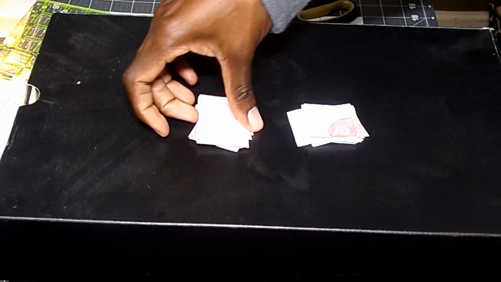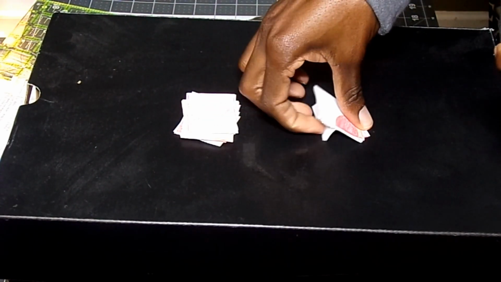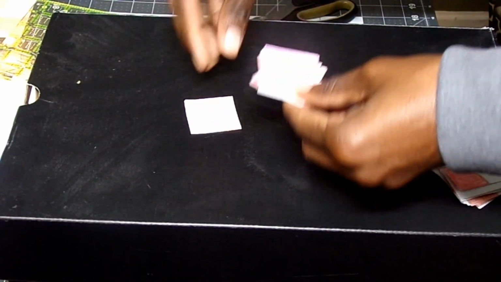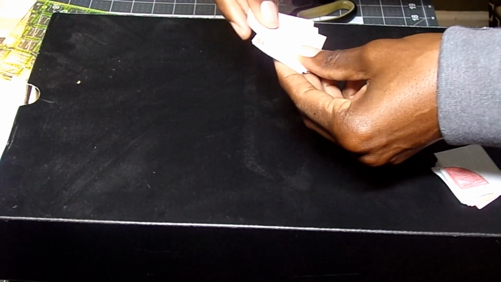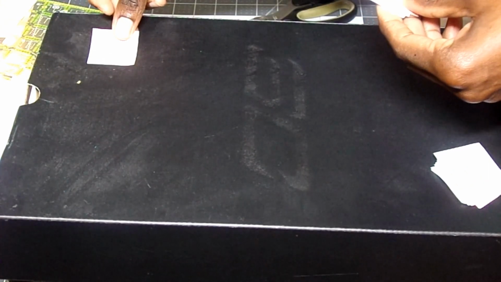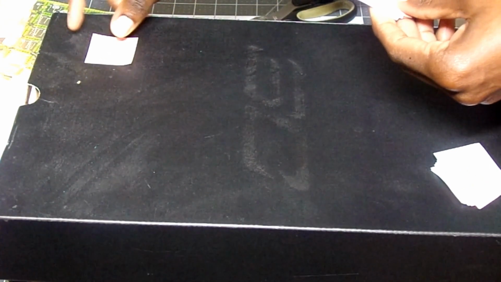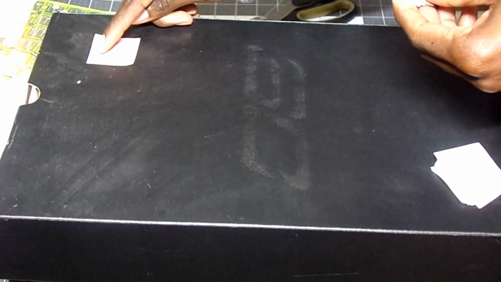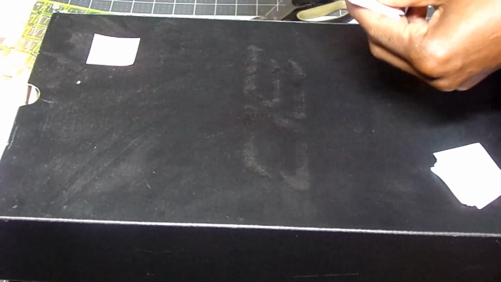So to create this wave, I'm going to start with this first set here, and I'm going to place them with the little cutout, those parts are going to be touching.